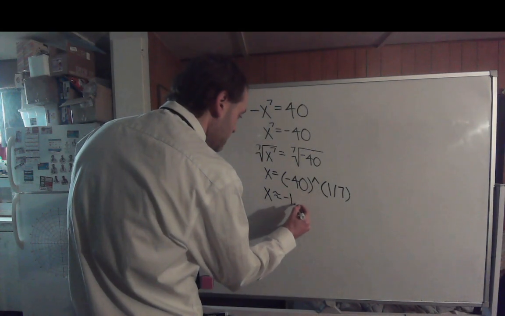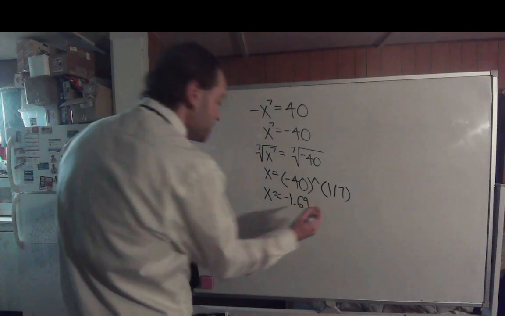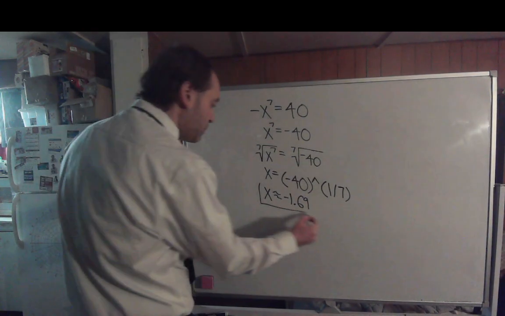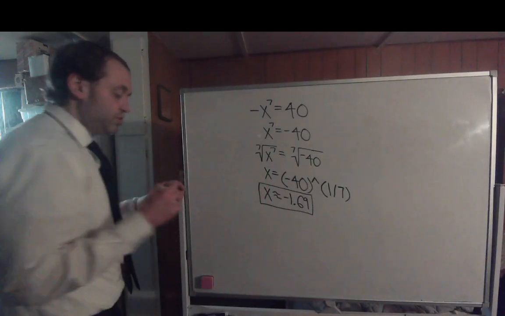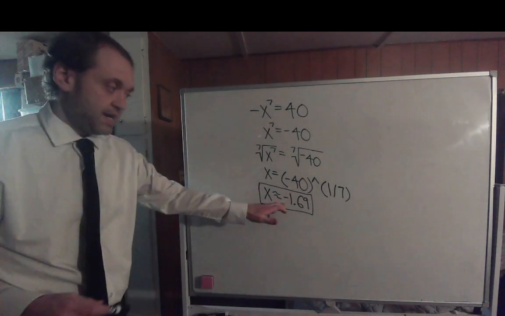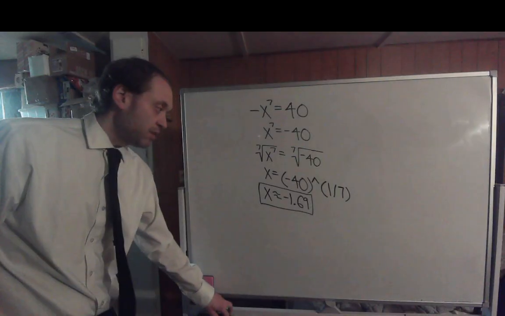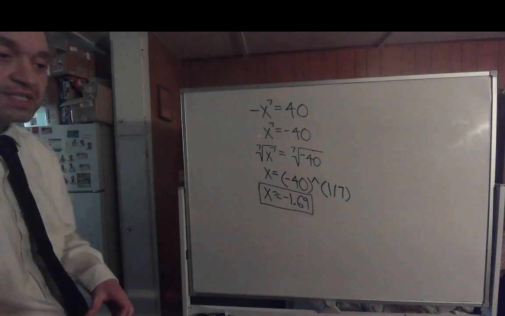So the seventh root of negative 40 is approximately equal to negative 1.69.